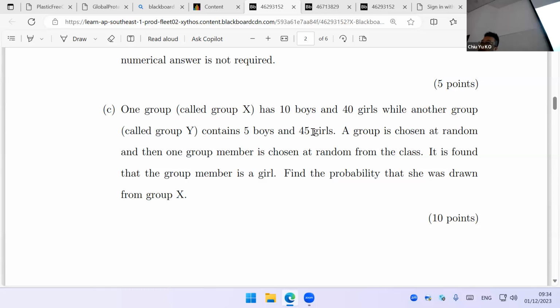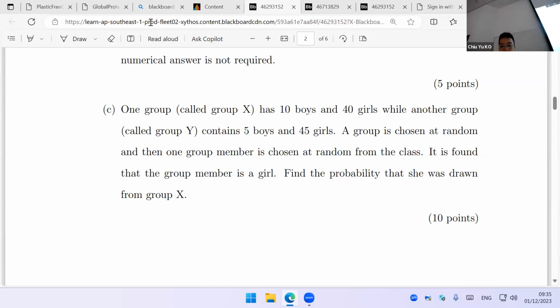First, we're going to pick a group, and then once we pick the group, we choose one member from the group, and we found out that it's a girl. Then the question is how likely that she is from X, right?